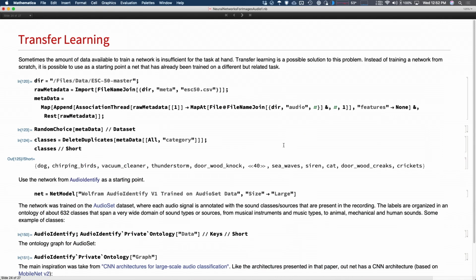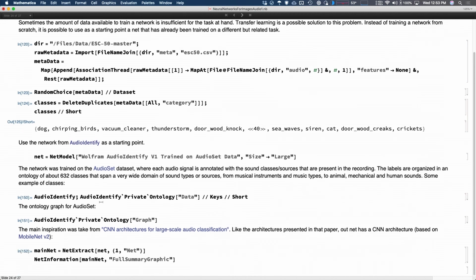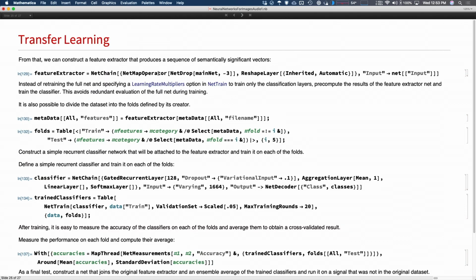Now, we have available from the Wolfram Net repository the audio identifier network, which was trained also on an environmental sound recognition task, essentially, on a completely separated dataset. The two datasets do not overlap. So what we can do is extract the feature extractor part of this network, which I am doing here.